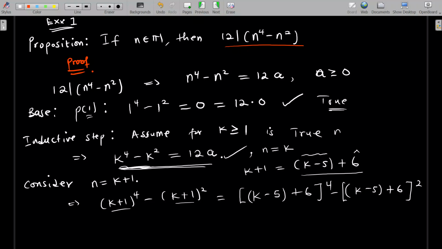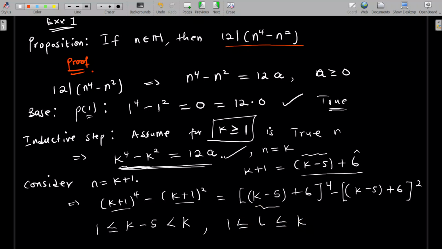So now k minus 5, we know k is greater than or equal to 1, so we know that 1 is less than or equal to k minus 5, and it's less than k, sorry. So we can just replace the whole of this as an L and say that 1 is less than or equal to L less than or equal to k, right? Where L is this guy, or you can put P there, right?